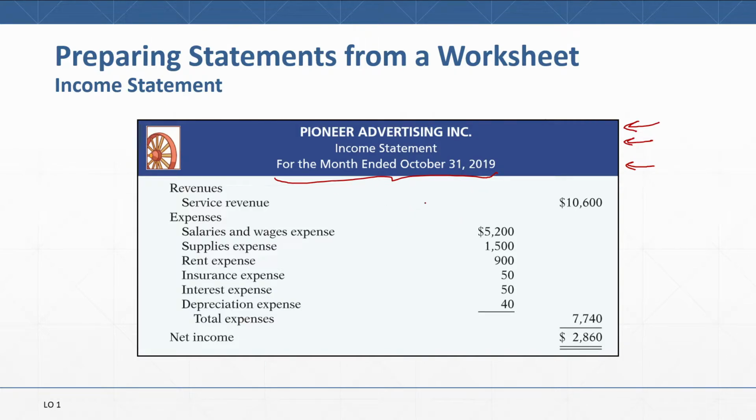As you can see, revenues come first, expenses are reported next, and the summation of these expenses is reported under the second column where revenues are reported. And the difference between these two goes to the last line, which is net income or loss.